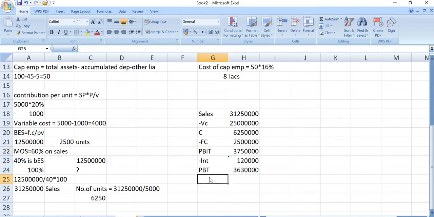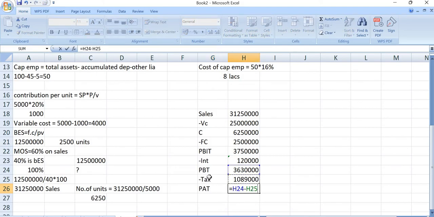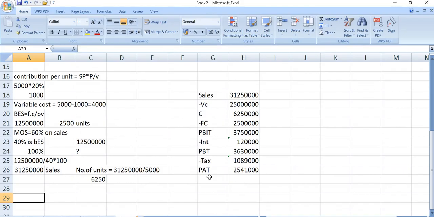Here I want to reduce tax. Tax is 30 percent. So my profit after taxes is 25 lakh 41,000. Now for calculating EVA, start with profit after tax.